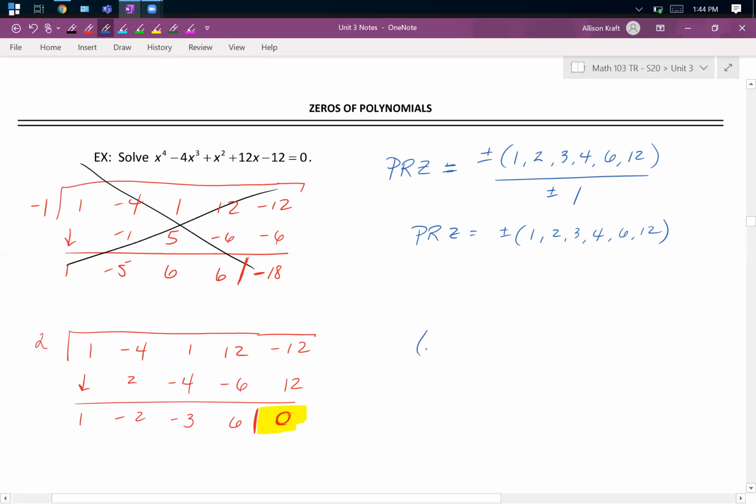It's going to become x minus 2 times, our next factor is going to be cubic, x to the third minus 2x squared minus 3x plus 6, and we're still equal to 0. If you recall what I said in the last example, once I get down to a cubic with 4 terms there, I totally try to do factor by grouping.